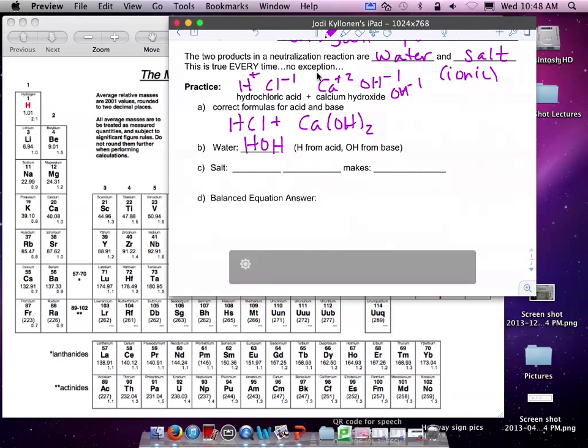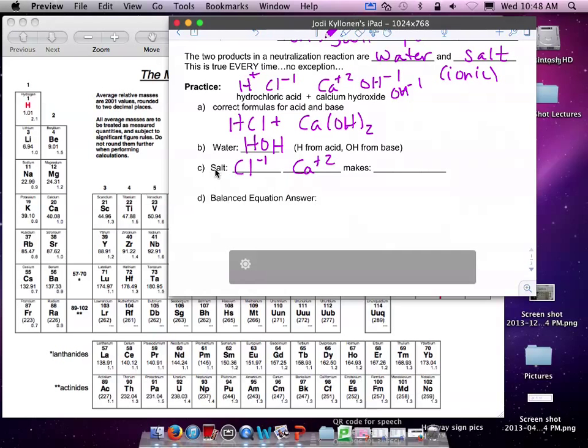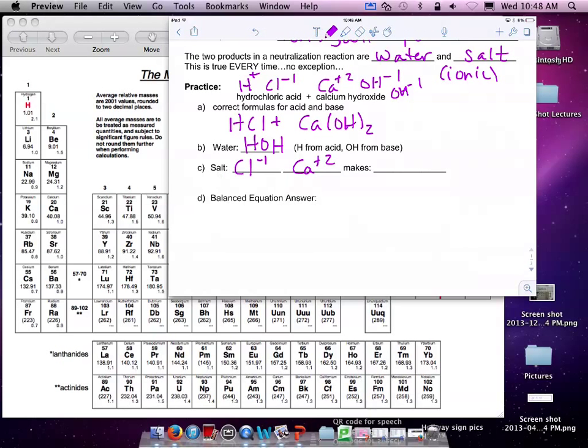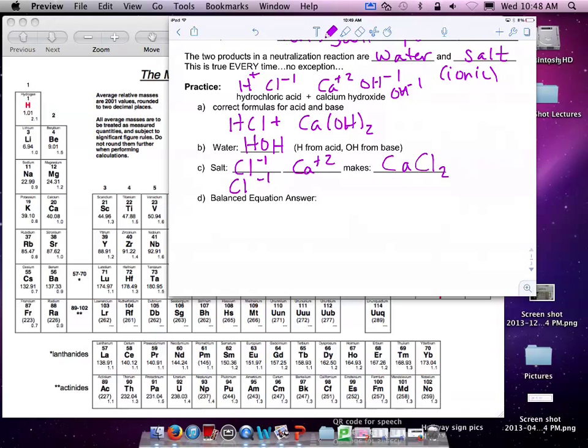Then the leftover pieces are Cl with a -1 and Ca with a +2. Those are the two leftover pieces to make your ionic compound, or your salt. Remember, I always write the positive one first, and this isn't balanced yet. This is a 1, this is a 2, so if I have another chlorine, now that -2 balances out that +2. The formula for my salt becomes CaCl2.